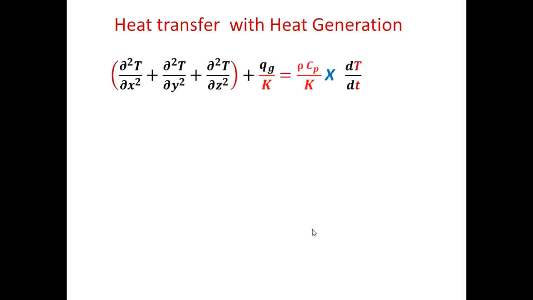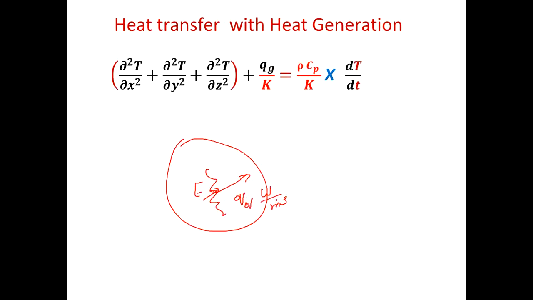Heat transfer with generation. What do you mean by this? If you have an electric device inside some material, heat is continuously generated per cubic meter. Or in a nuclear power plant you have the fuel rod cells.